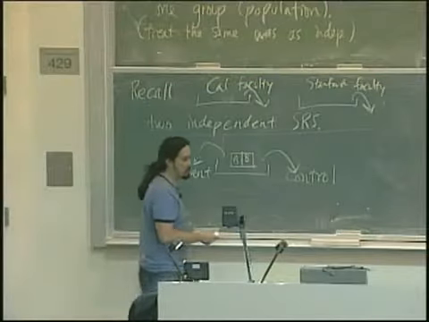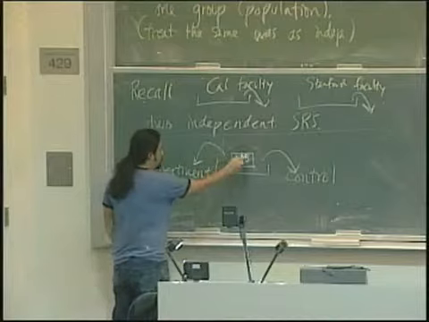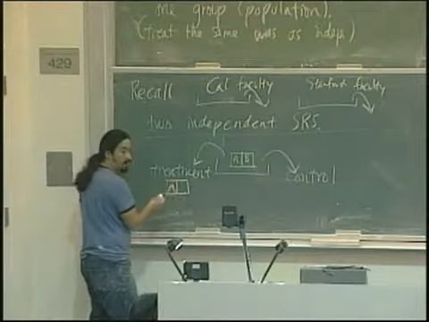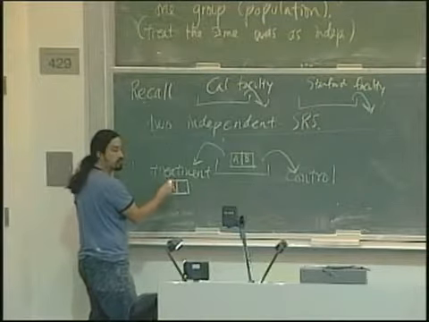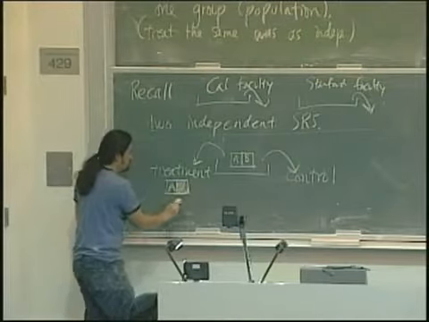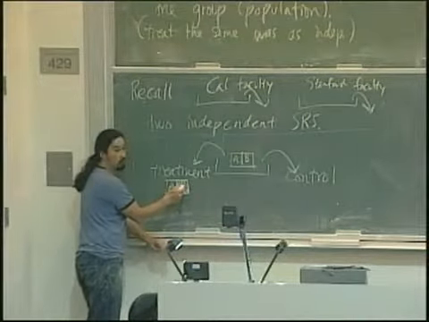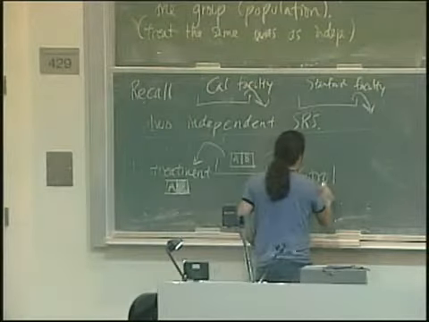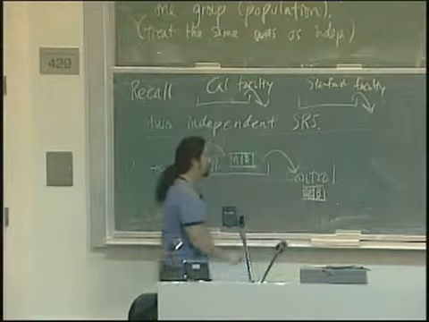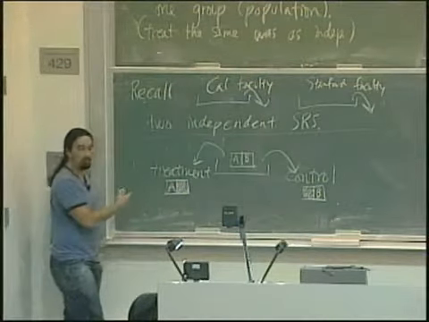If a particular person gets in the treatment group, we get to see what's on the left-hand side of the ticket, whatever the A is. Maybe it's a 1 or 0, maybe it's a number. We don't get to see this side. So we don't get to see what would have happened to that person if they had been in the other group. And if the person ends up in the control group, the opposite is true. We get to see the right side of their ticket, but not what would have happened if they were in the treatment group.